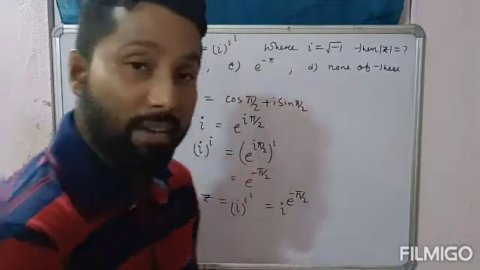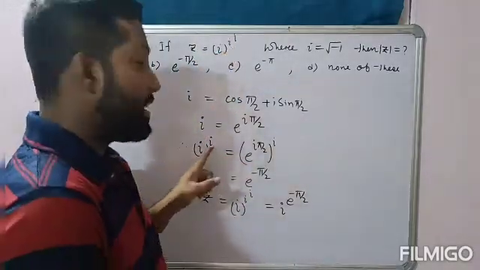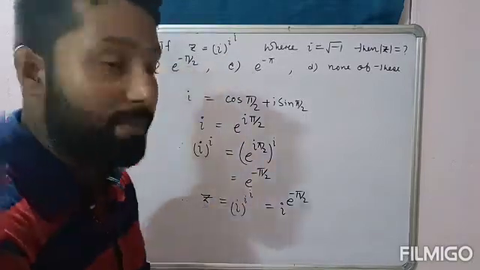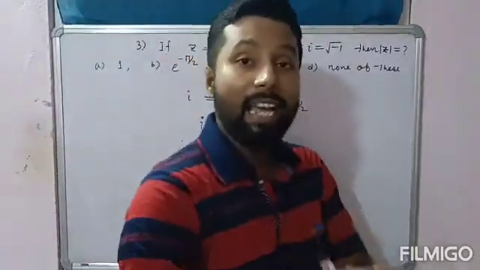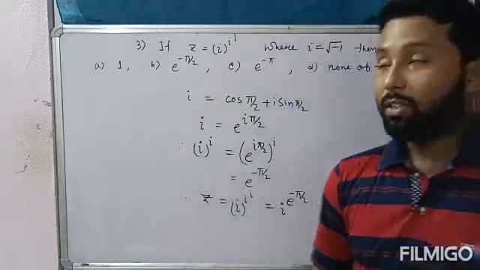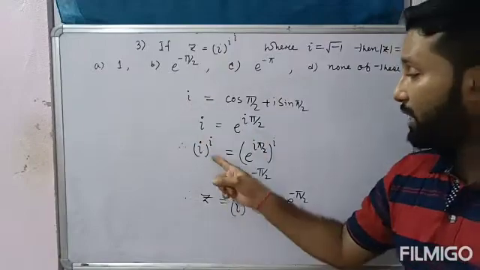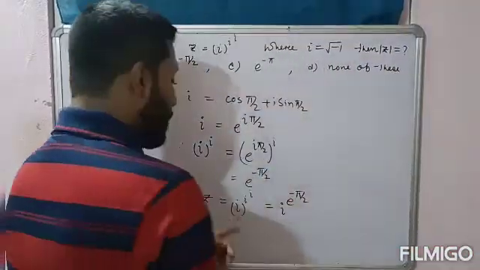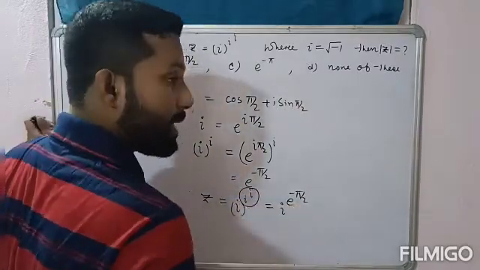So what value did I find out? I found out the value of this i to the power i. So the value of this i to the power i is e to the power minus pi by 2. Don't think that it is i to the power i. No, since there is a bracket, this i is separate only. So that is why you first have to find out this i to the power i, and the value of this i to the power i is e to the power minus pi by 2.